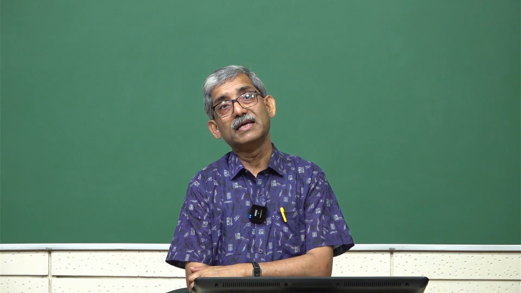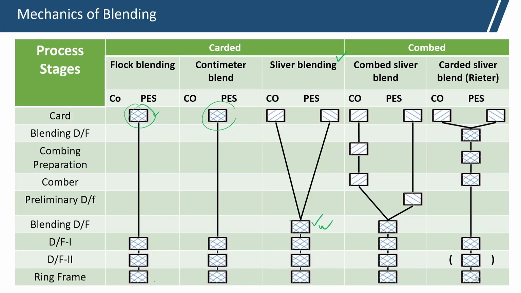So, we need additional draw frame. So, 3 draw frame passages are required. But in case of contimeter blending or flock blending, we use only 2 draw frame passages. Here 3 draw frame passages are required because we need proper blending, because the radial position of fibers is poor in the case of draw frame blending, sliver blending.